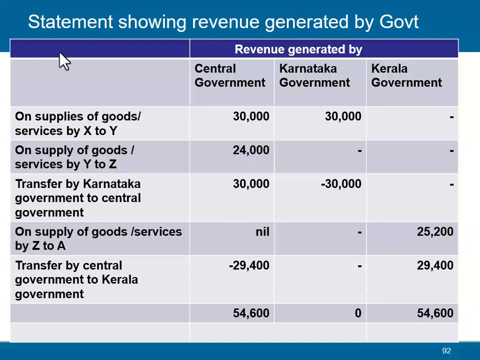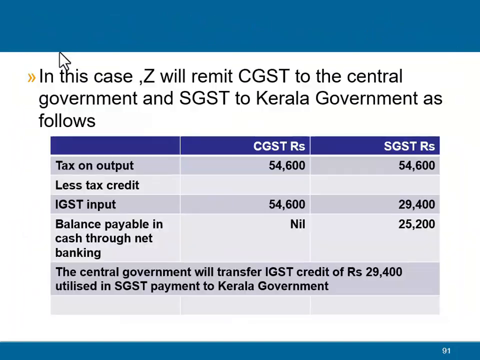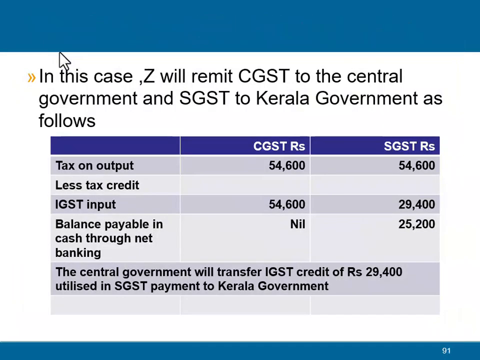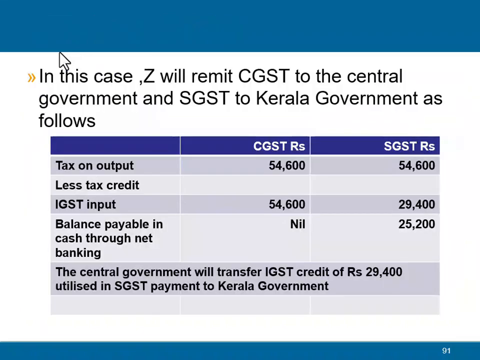So net the government is getting only the revenue which has been collected at the last point. अब कितनी चेन क्रॉस कर गया वो गुड्स, तो अल्टीमेटली जो लास्ट इनवॉइस था वो 54,600 ये था, this is the money which the government is going to get. Now which government gets depends upon where the goods are moving from which place to which place. Okay, so बाकी सब जो पेमेंट हुआ था, they were just pass throughs.